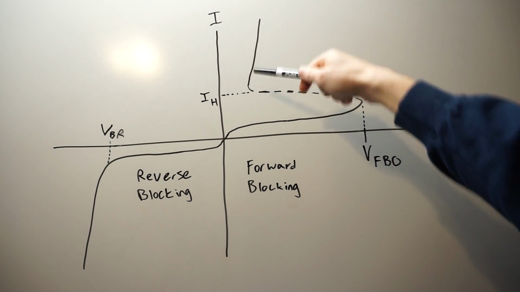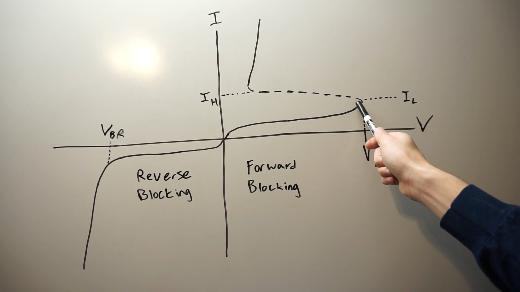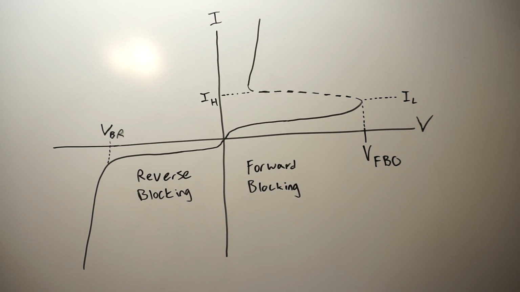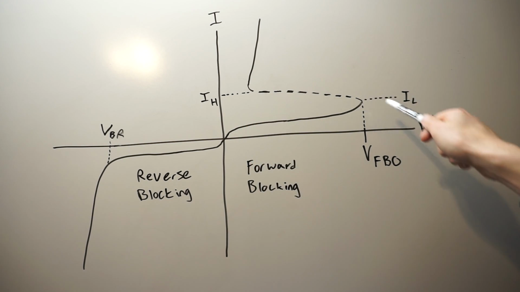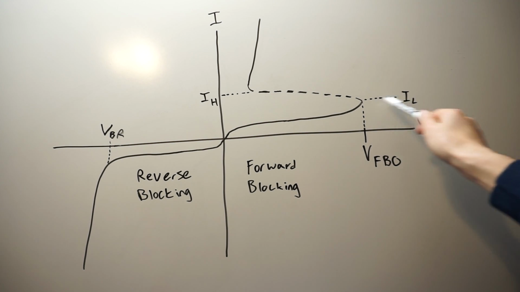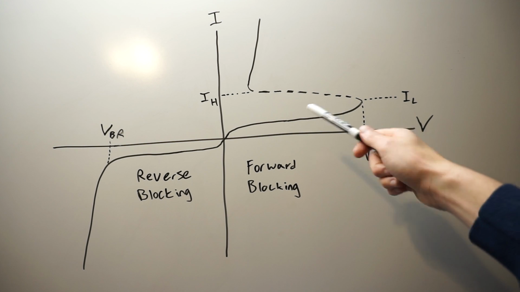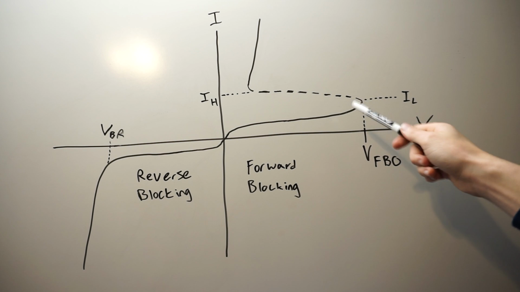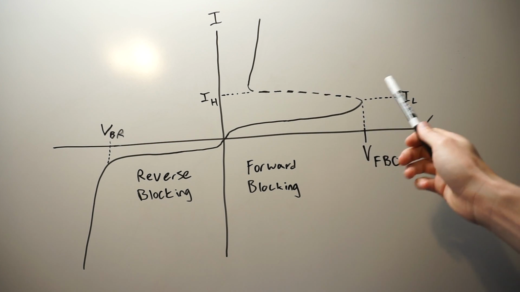That's what we see here. It pretty much instantaneously jumps, boom, to the forward conducting region. Once you reach this latching current, this device will latch. That's IL, and IL and IH are typically the same or very close, but not always the same. You've got to check that in the data sheet, but typically they're the same.